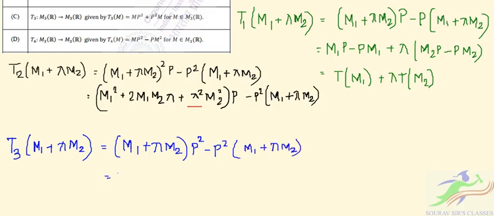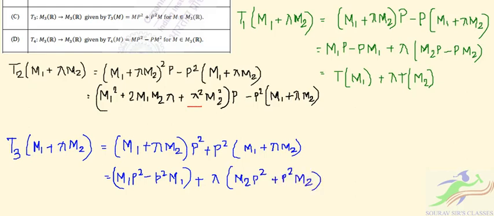If we reorganize this, M1 P square minus P square M1 plus, taking lambda common, M2 P square minus P square M2.